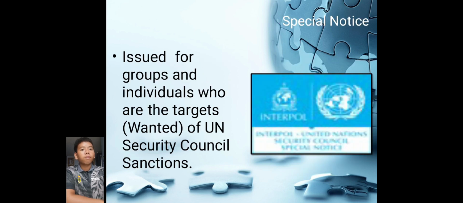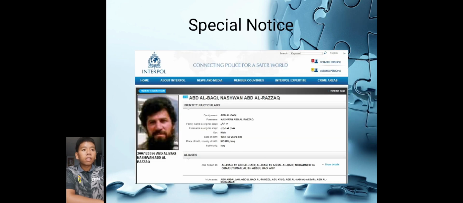There is also a notice issued for groups and individuals who are the targets of the UN, wanted persons under UN Security Council sanctions. And this is a special notice where we can find his information, name and picture, and all of his information is in here.